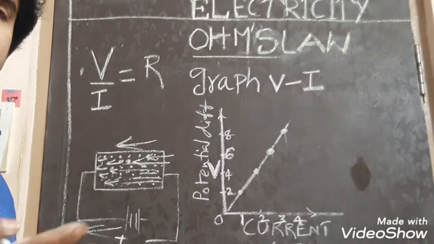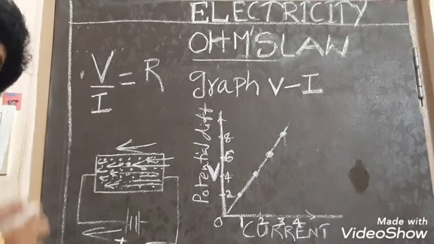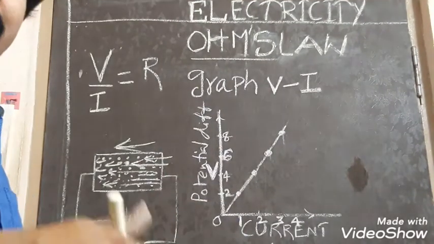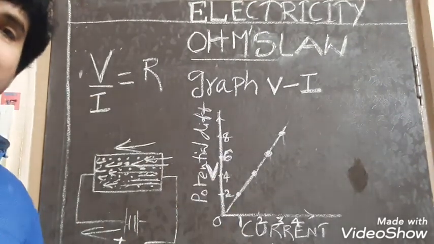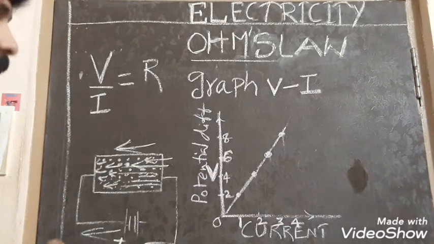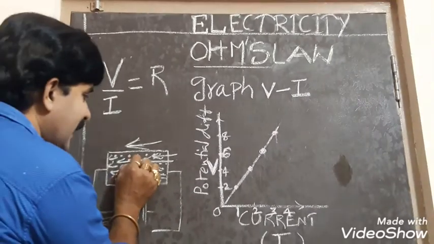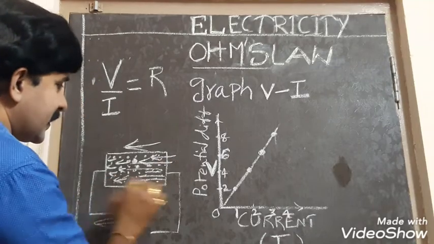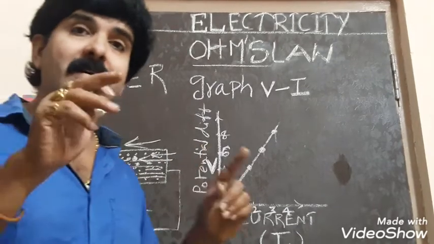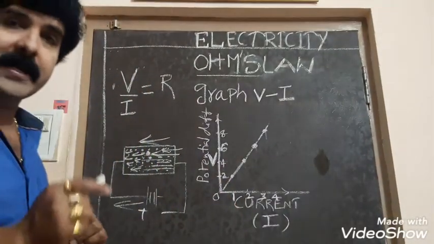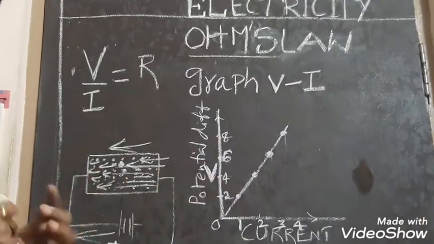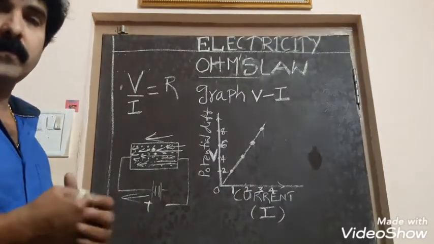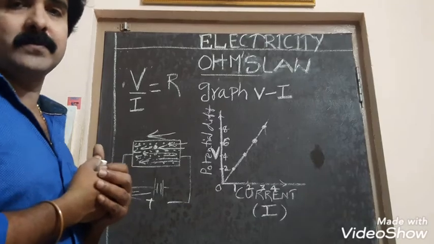By the friction, one atom will lose electrons and become positive, and some other atom which receives the electrons becomes negative. So basically the neutral particles of the conductor become ions by the flow of electrons, because of the disturbance caused by the movement of electrons.